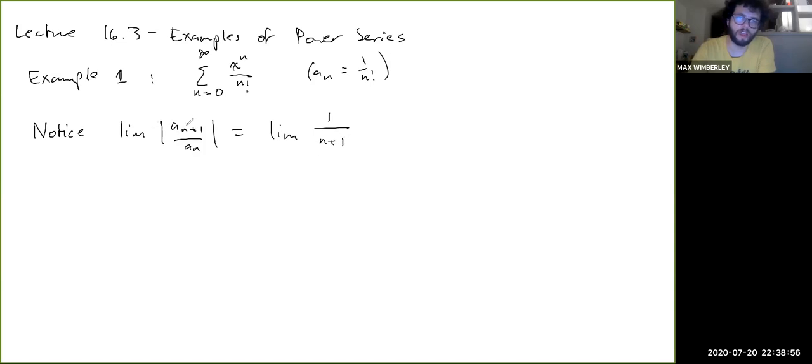If you simplify that, you get n factorial over n plus 1 factorial, and then the n factorial cancels out with the n plus 1 times n factorial in the denominator. So this is 0.